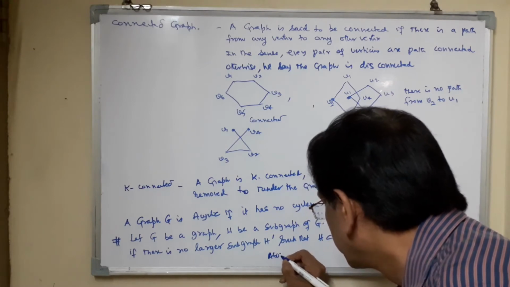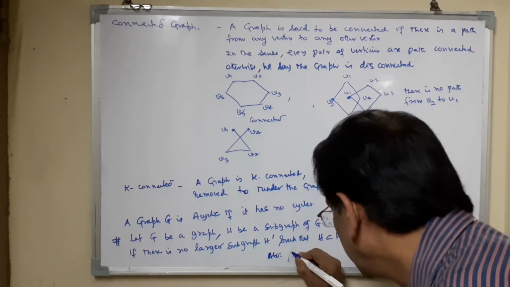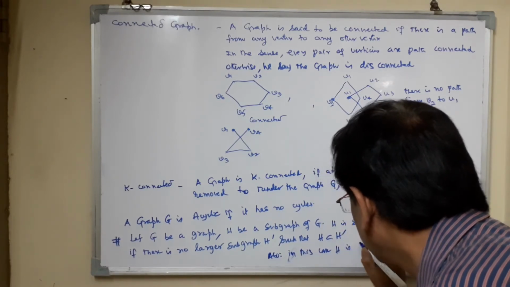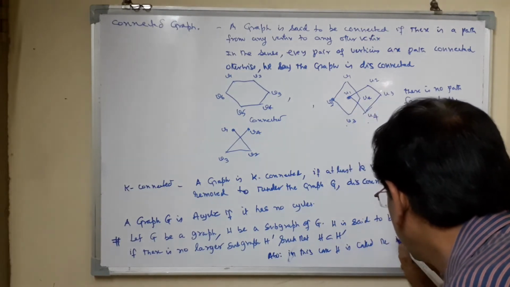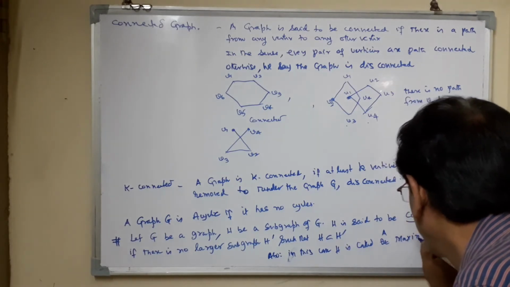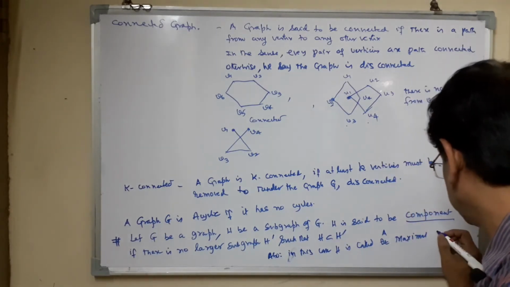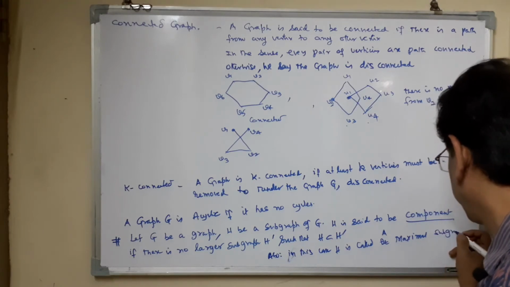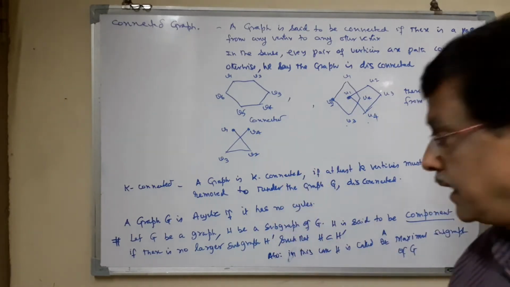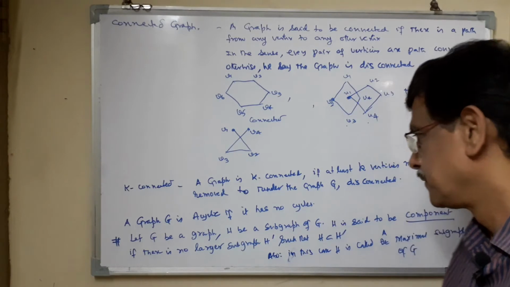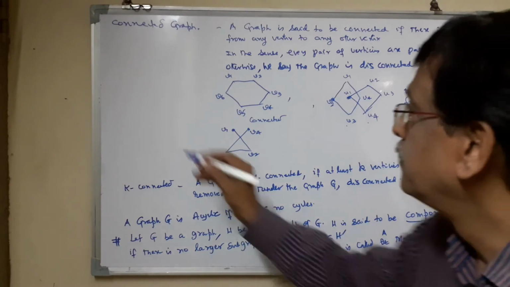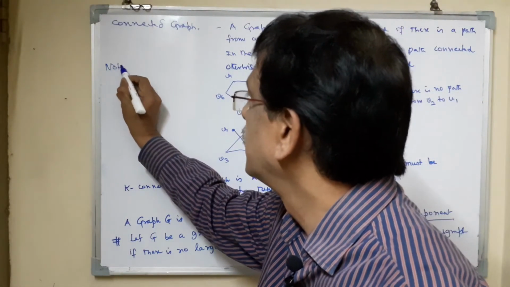Also, in this case, H is called a maximal subgraph of G. That means there is no other subgraph bigger than H. So H is maximal among the subgraphs. I'll make a note about this.